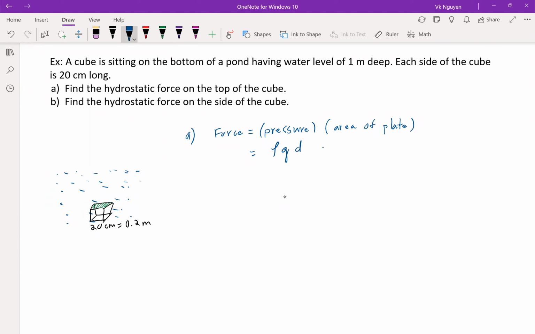The area of the plate is 0.2 squared. We can figure out the depth here. We know that the cube is 0.20 meter long, so the depth is 1 meter minus 0.2. So rho g (1 minus 0.2) multiplied by 0.04.